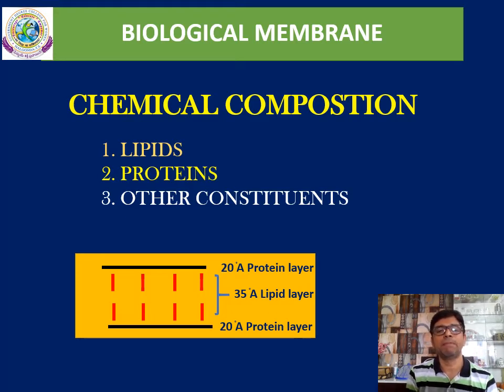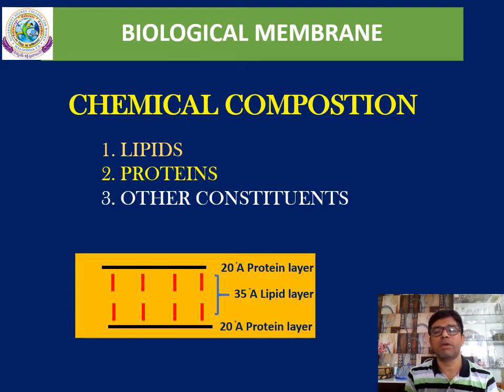Here you can see these red lines are lipid molecules. They are arranged in two rows in the middle of the plasma membrane, and the thickness of the lipid layer, or you can say bilipid layer, is about 35 angstroms. On either side of the lipid layer, protein layers are present.